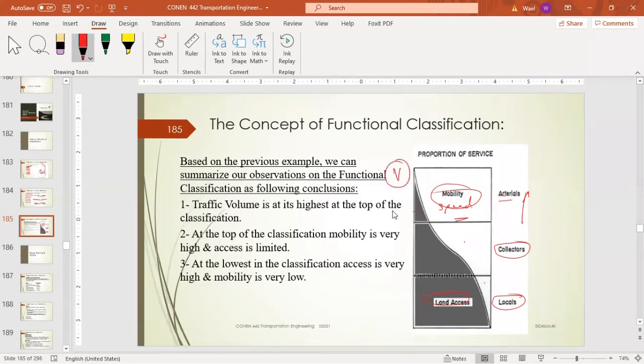The volume is at its highest at the top of the classification. At the top of the classification, mobility is very high, but access is limited. At the lowest in the classification, access is very high and mobility is very low. Any question?